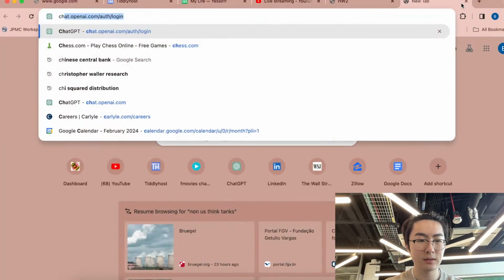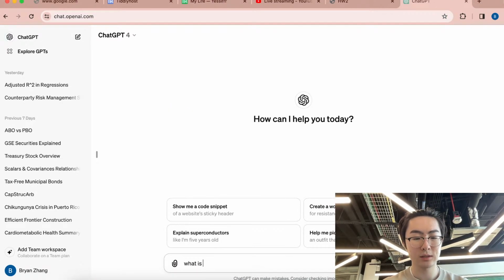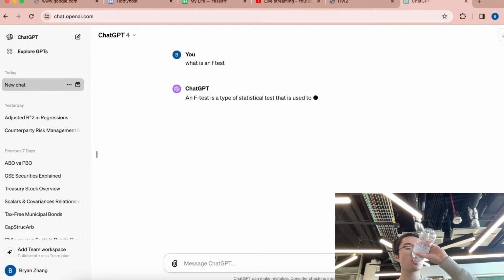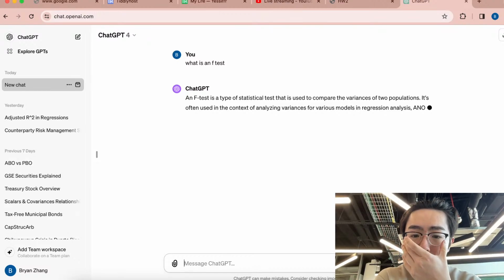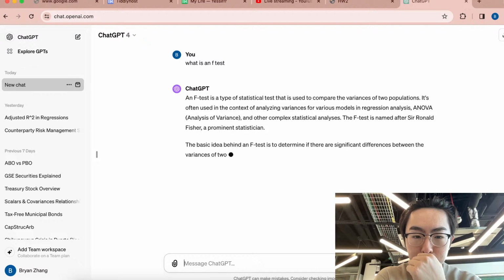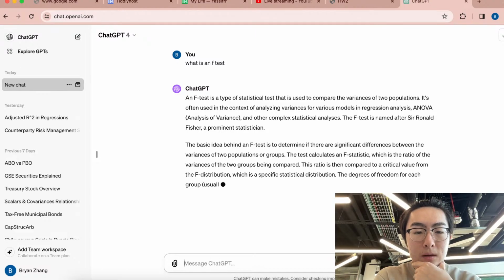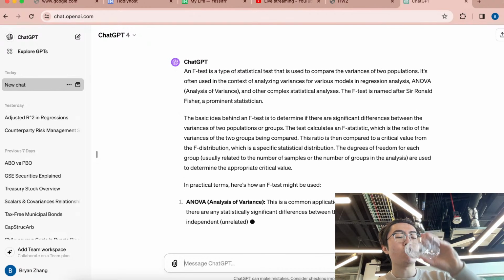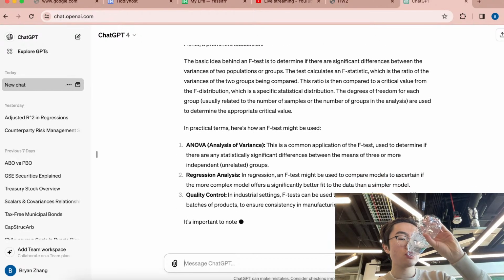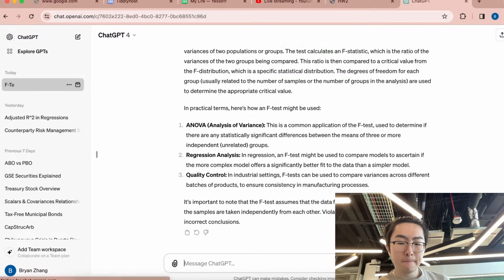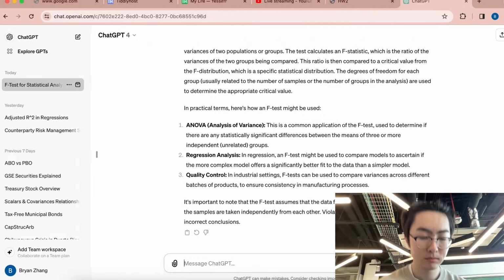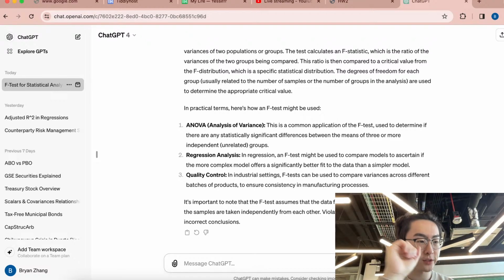What is an F test again? I'm gonna ChatGPT this. The variances of two population groups. Okay, I'm not too sure if this is exactly what we need here.